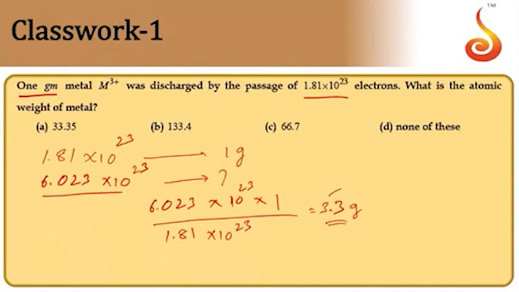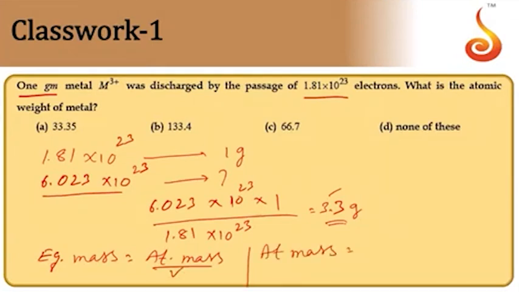Now equivalent mass is equal to atomic mass by valency. We require the atomic mass, so atomic mass is equal to equivalent mass 3.3, which you got here, into valency, that is 3.